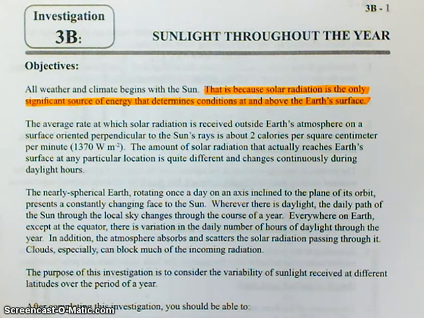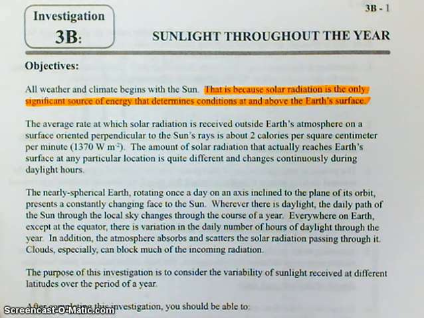The amount of solar radiation that actually reaches Earth's surface at any particular location is quite different and changes continually during the daylight hours. Think about cloud cover and other conditions that would vary the amount of solar radiation. Also, where you are on the Earth, what angle the sun is coming in at, etc.